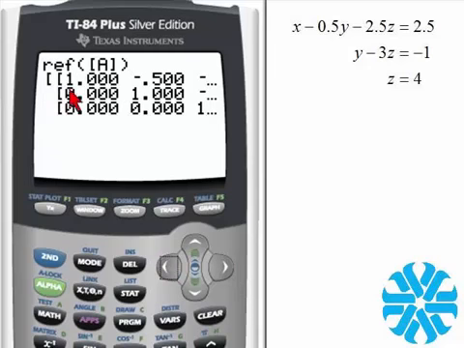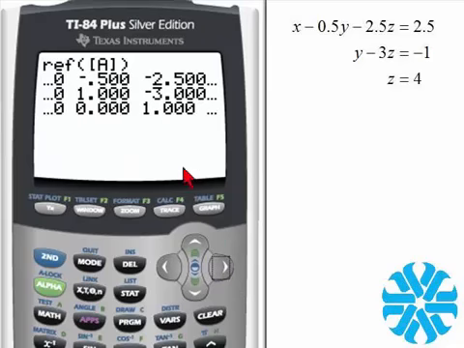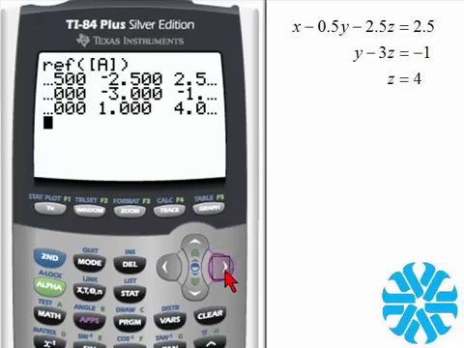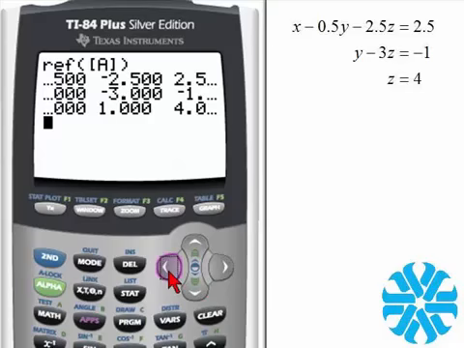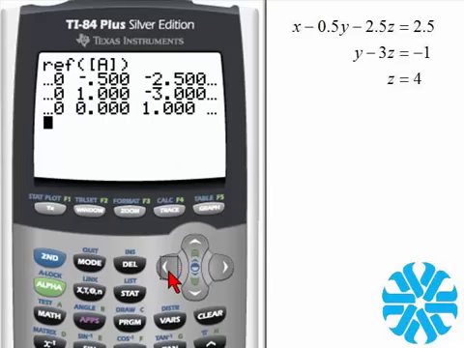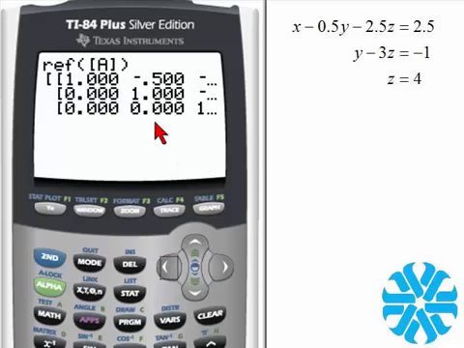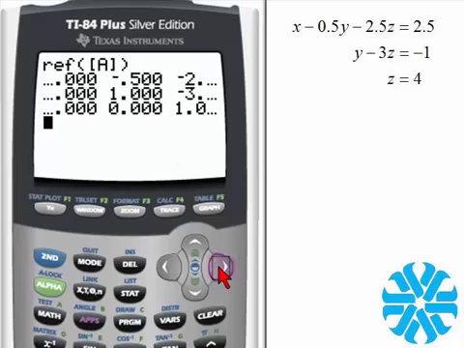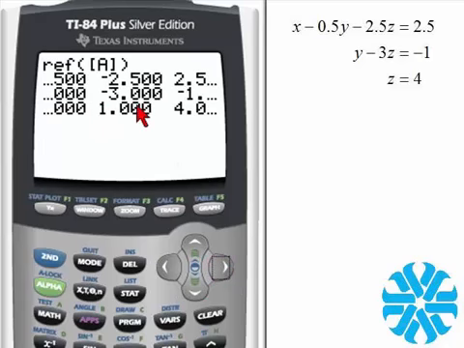So the second row says there is no x variable, so it's just y, subtract 3z, and that equals negative 1. And then finally on the third row, we have no x's, no y's, and z, or 1z, equals 4.